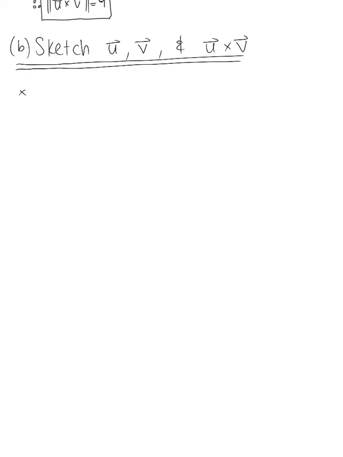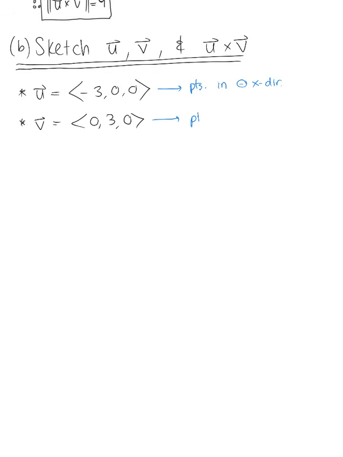We'll keep in mind we were given vector u as -3, 0, 0, which we know points in the negative x direction. We have vector v, which is 0, 3, 0, which we see points in the positive y direction.